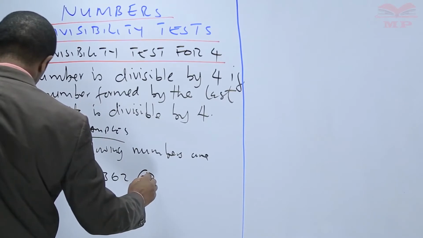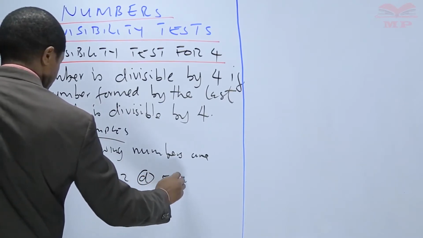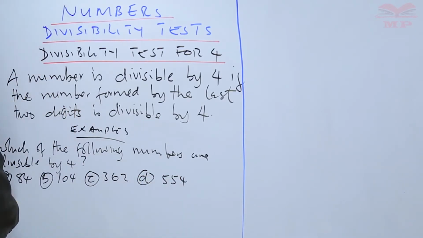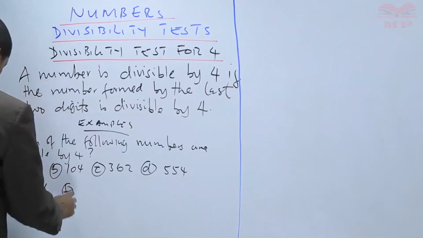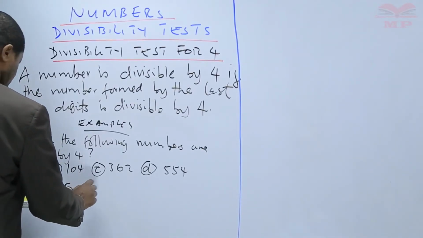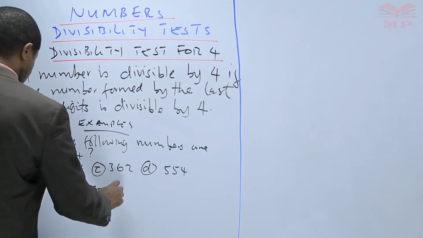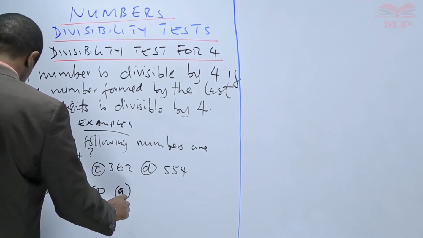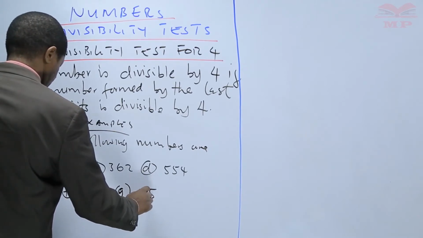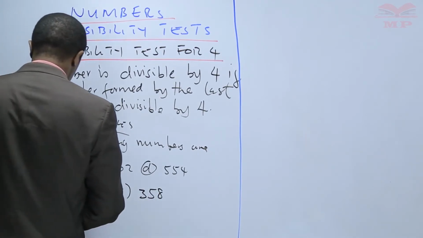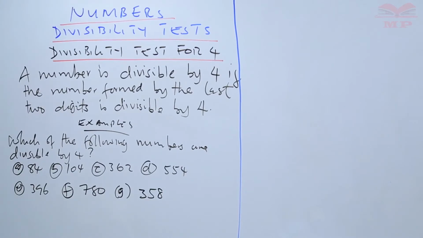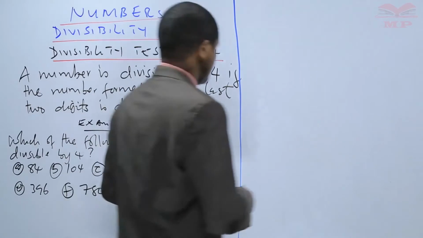D, 554. E, 396. F, 780. G, 358. So let us try and answer these questions.